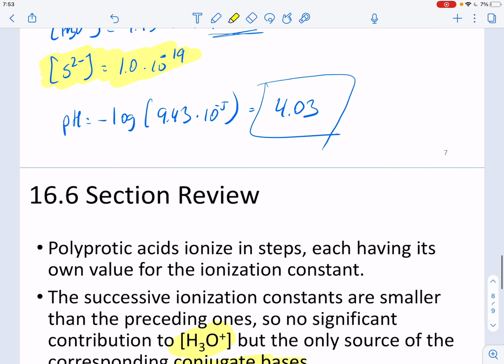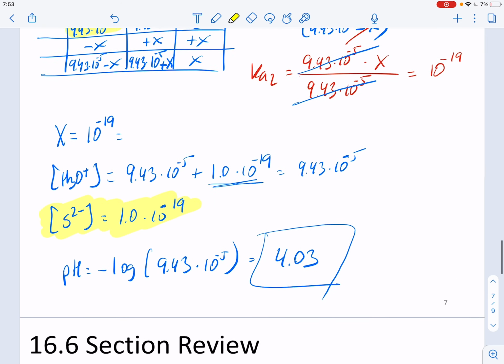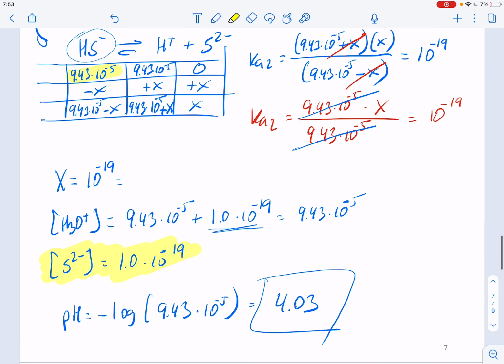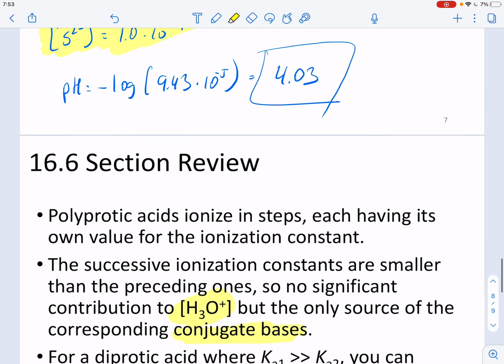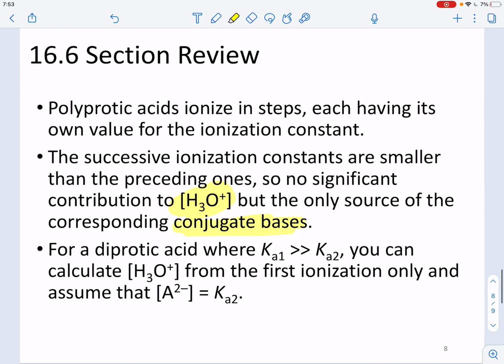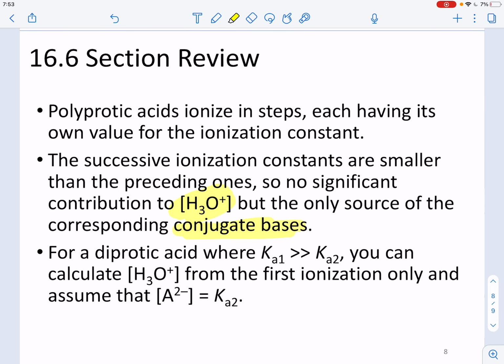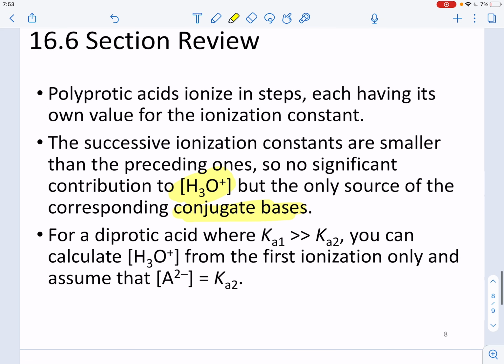So for example, in the previous case, if you wanted to know the concentration of sulfide, that is coming only from the second step. If you are being asked that, then you have to go through all the steps. If you are just calculating pH, you are perfectly fine just using the first step to calculate the pH, okay? Which is basically what you have here.